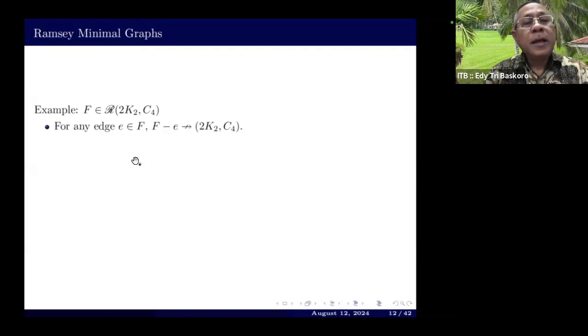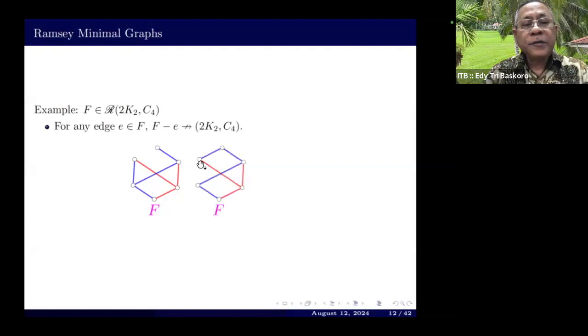And now, if you remove one edge from F, then we will show that F minus e does not arrow (2K2, C4). If you remove an edge here, then I can have a coloring like this, such that there is no 2K2 in red and no C4 in blue.